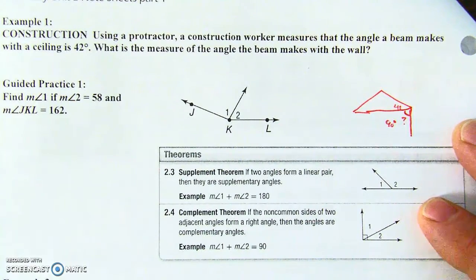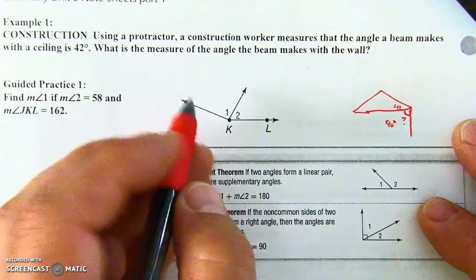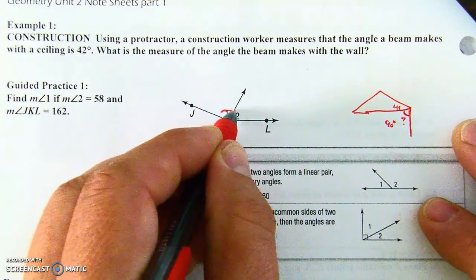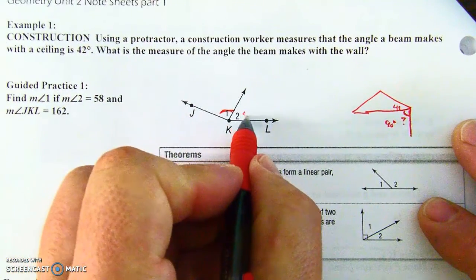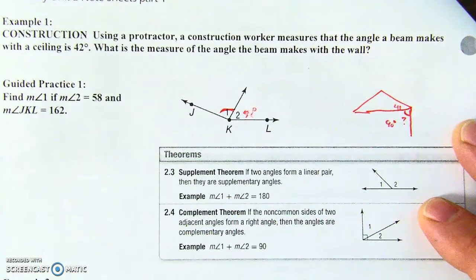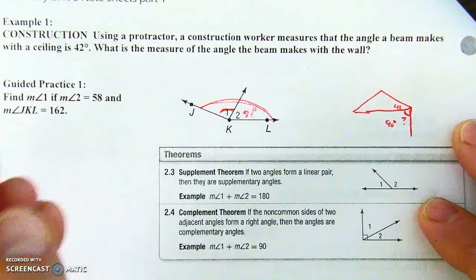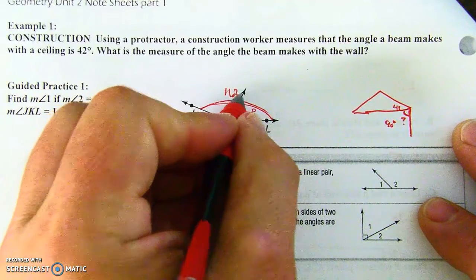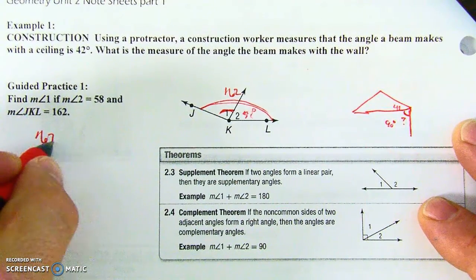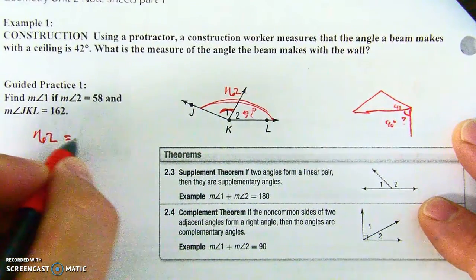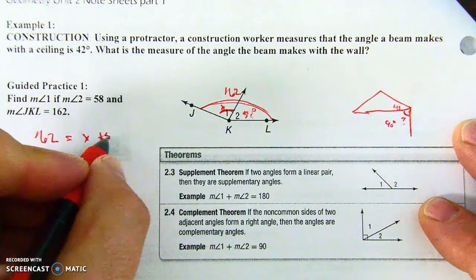Now, same scenario here. It says find the measure of angle 1, which is right here. If the measure of angle 2 is 58 degrees, and we know that the whole angle is equal to 162 degrees, we set this up as 162 equals x plus 58.